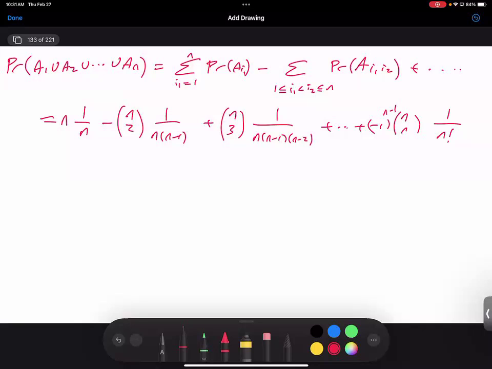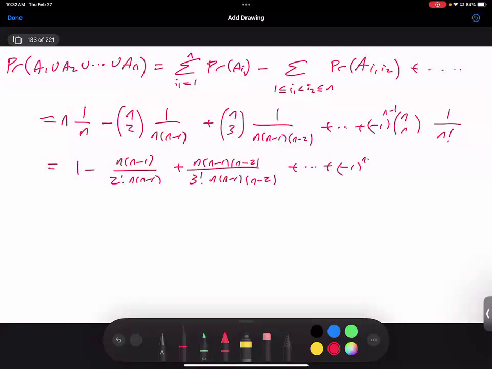Now, what's n choose 2? That's n times n minus 1 over 2 factorial. So this is going to be 1 minus n minus 1 over 2 factorial n minus 1 plus n minus 1 n minus 2 over 3 factorial n minus 1 n minus 2 plus dot dot dot plus negative 1 to the n minus 1, and then we'll just have n factorial over n factorial.